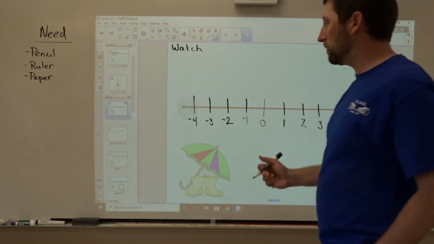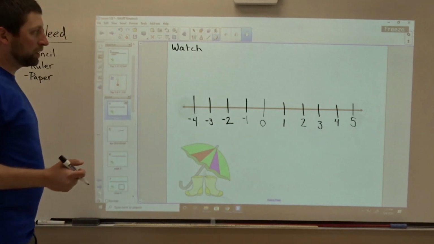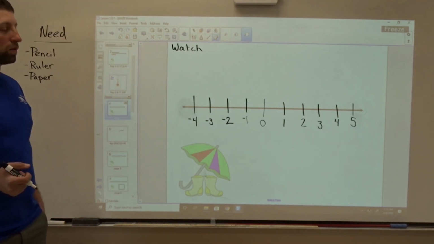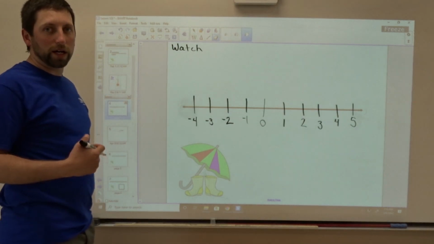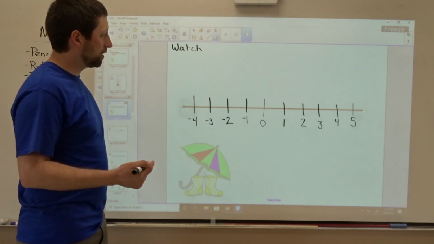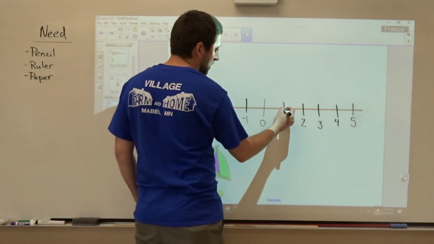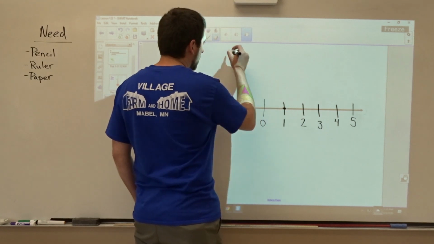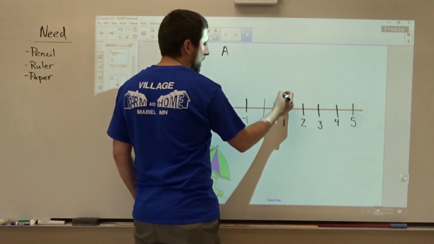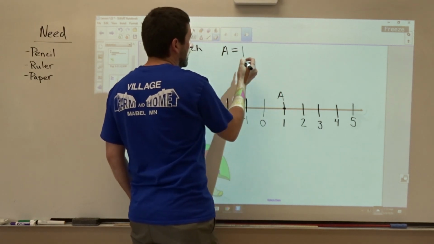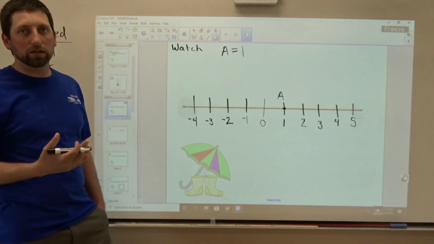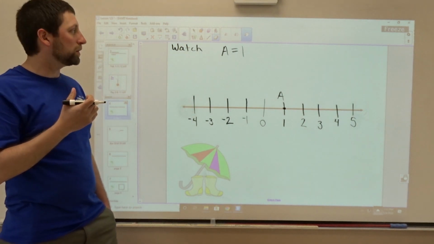Alright, so now that I've got my number line created, we need to start graphing some points on this number line. Alright, so if I put a point here, and I call that A, I can say that A equals 1. We've practiced that this year already. We should know how to do that already.